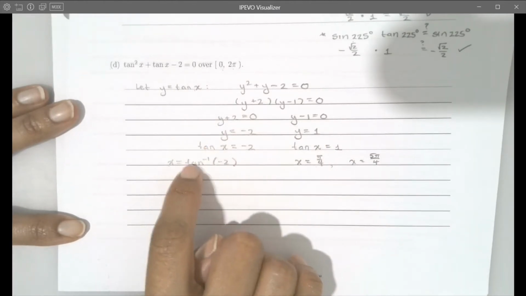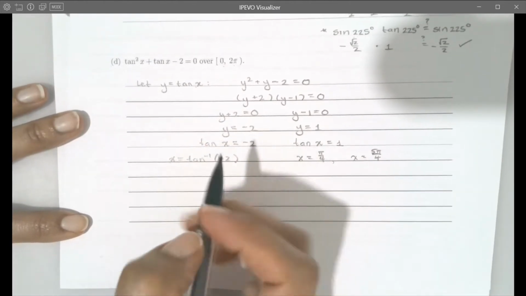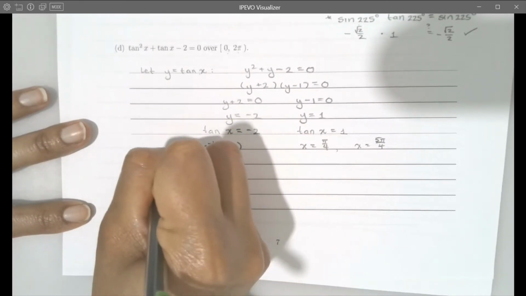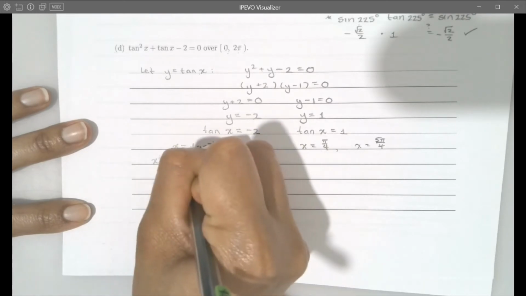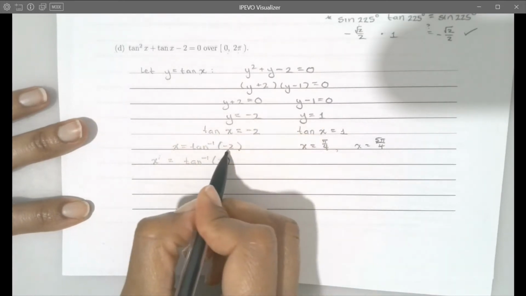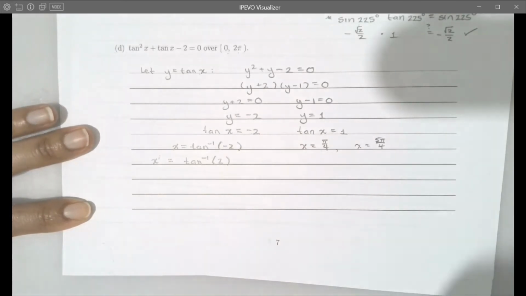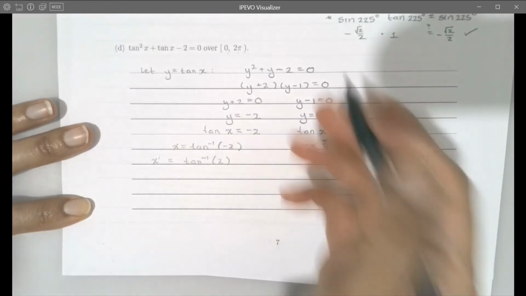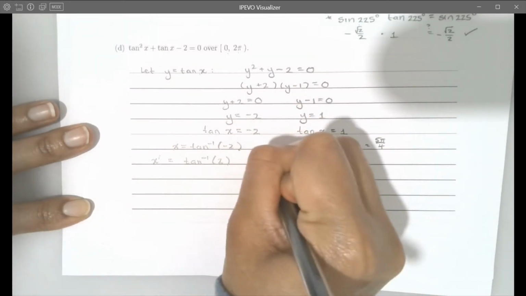Now in order to punch it into the calculator, however, we have to go through a few steps. We're first going to find the reference angle, which I'm going to call x prime, and that's going to be tan inverse of the positive value. So instead of a -2, we're going to take a +2. And again, I'll go ahead and write here that this is a reference angle.